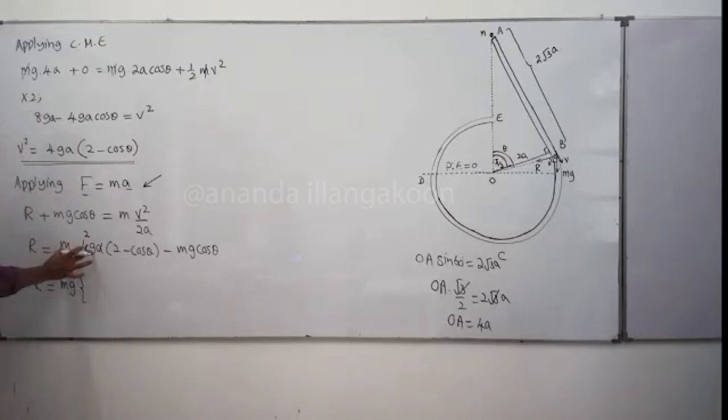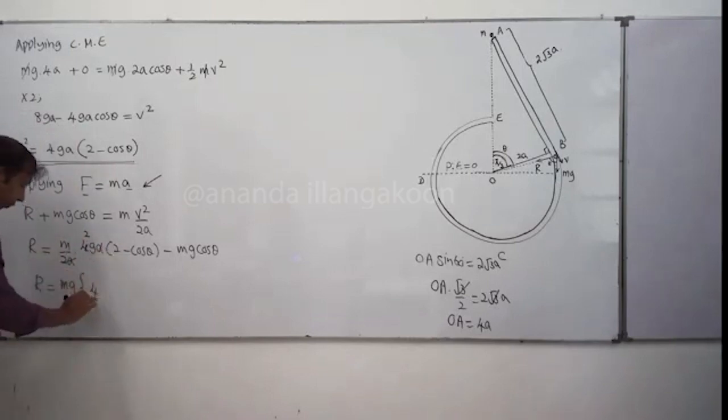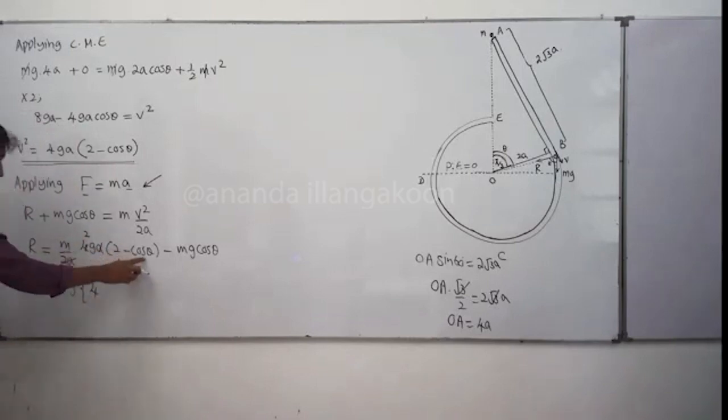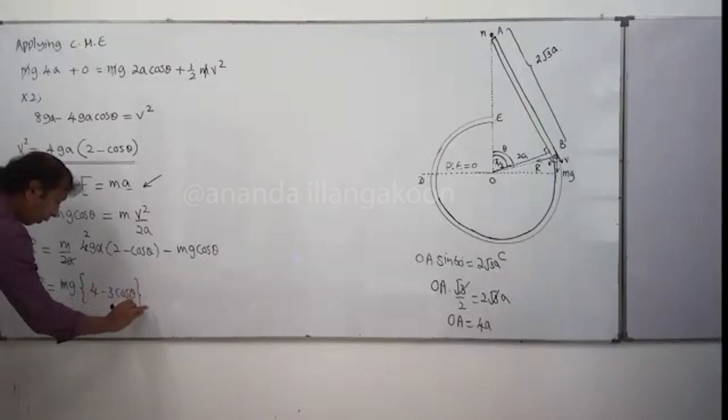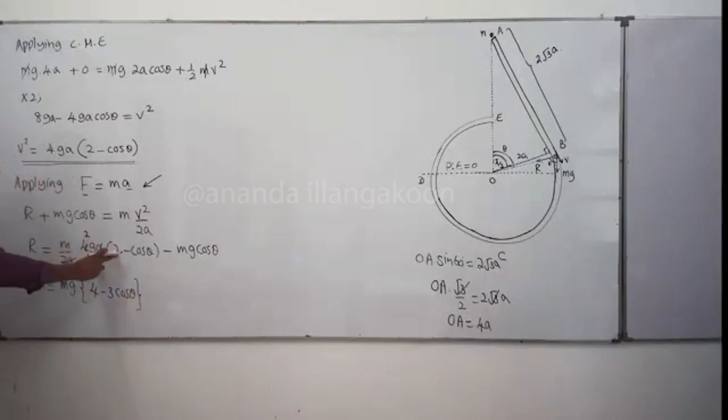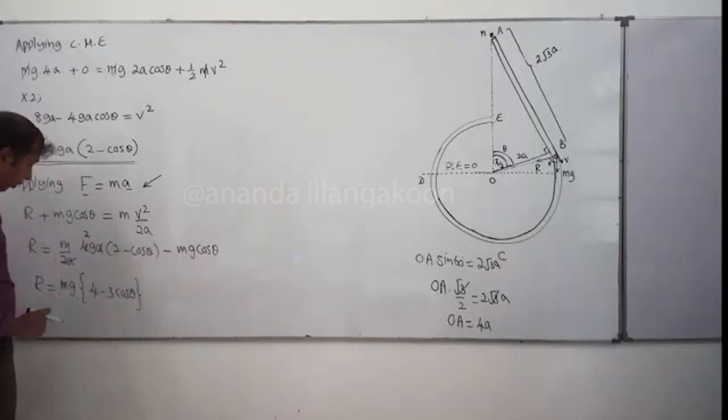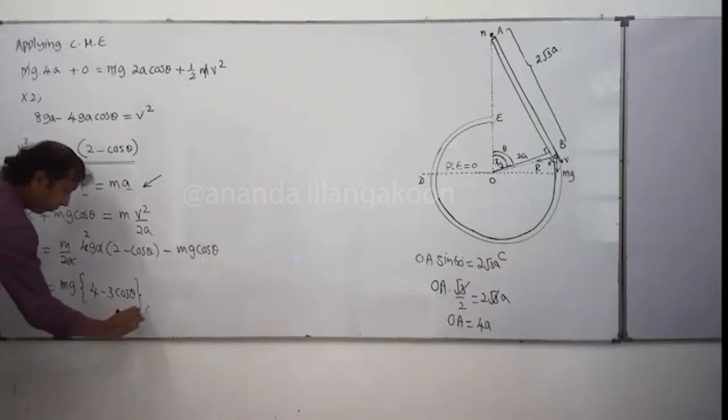Then taking mg out, we have 2 by 2, we can multiply here 4, minus 2 cos theta, minus cos theta, minus 3 cos theta. This is what we get.